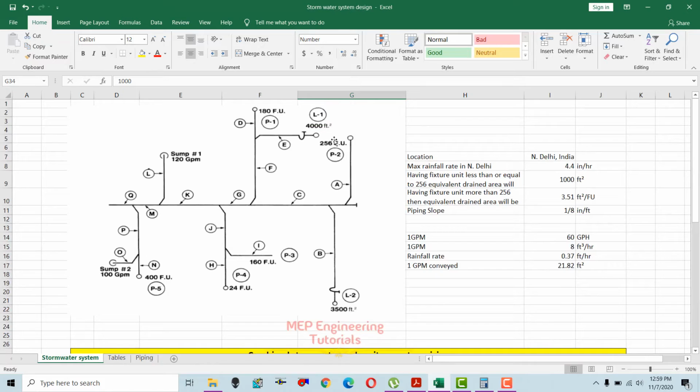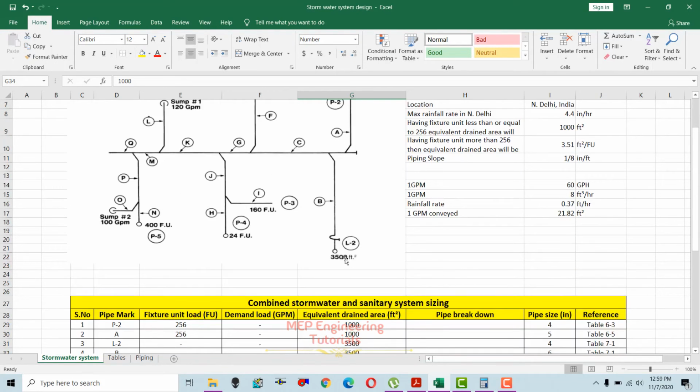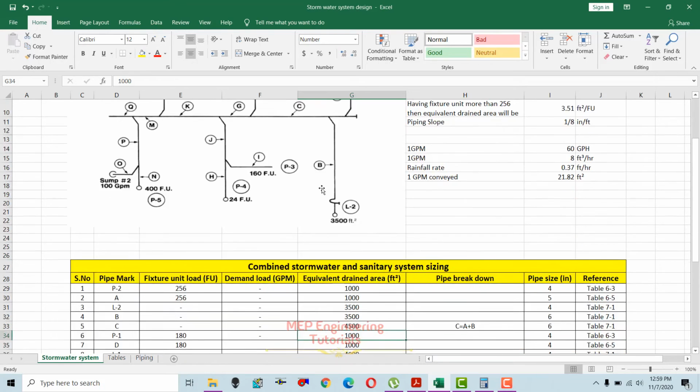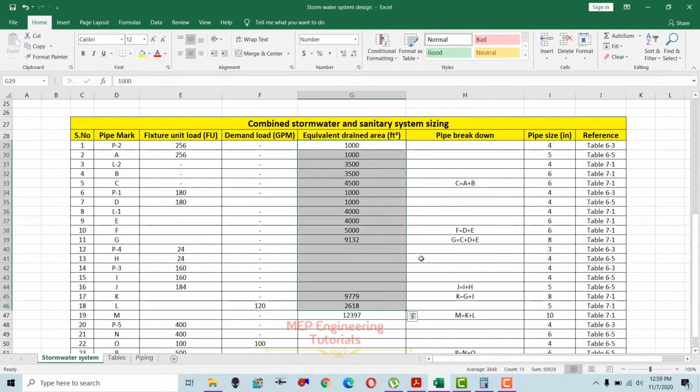So for stormwater, you can see that we directly have a roof area here that is going to be drained, 4,000 square feet, and here it is represented 3,500 square feet, but we need to convert these fixture units into the equivalent drain area, and we can write it in here. And then you can see the pipe breakdown.